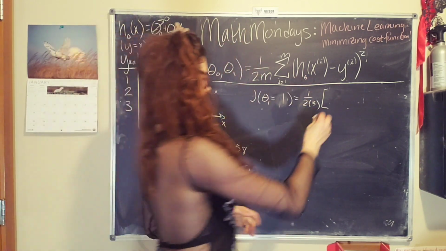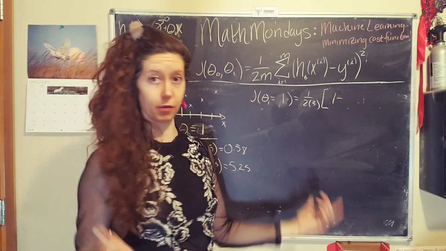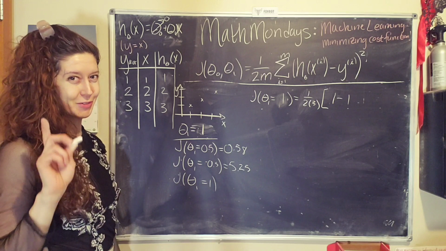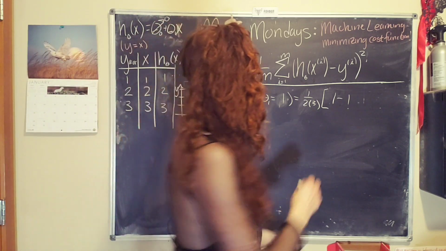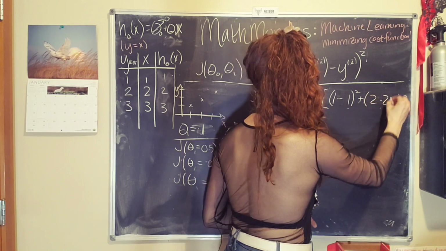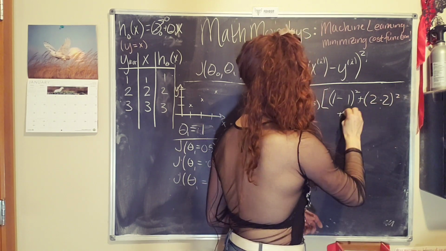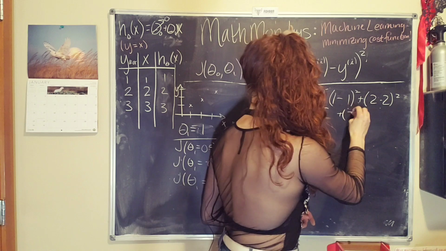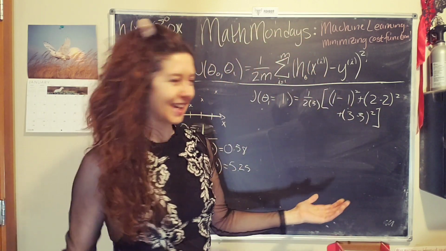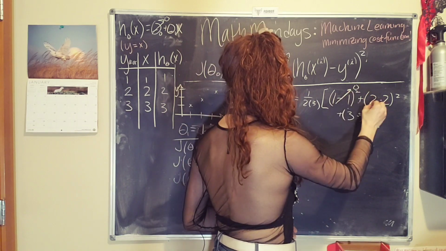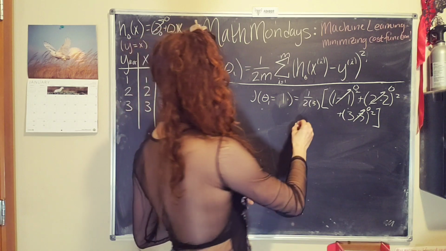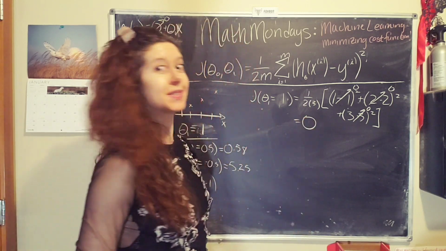First value of h, 1 minus first value of y, or I should say the value of h when x equals 1 and the value of y when x equals 1 squared, plus 2 minus 2 squared, plus 3 minus 3 squared. Look at that! Hey, these all go to 0. So it turns out this equals 0.